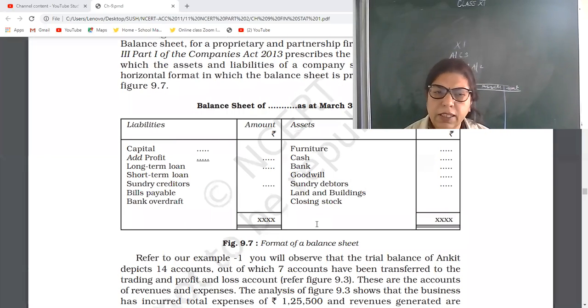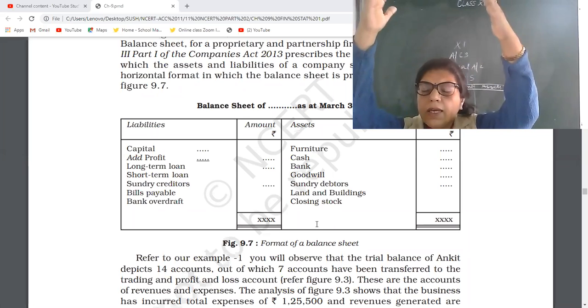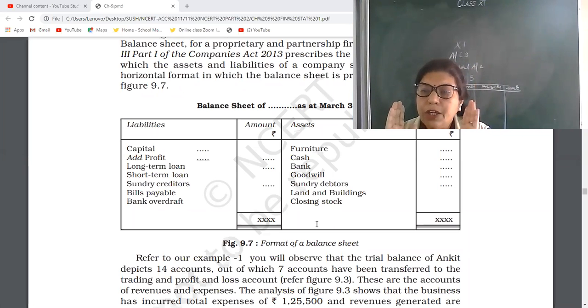See, liabilities side, capital, note down, add net profit minus drawings. Why? Because with the help of profits, capital will increase, and if there is net loss, the capital will decrease. Simple concept as I taught you in accounting equation. Same here.